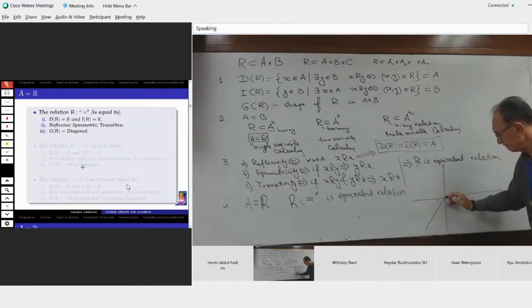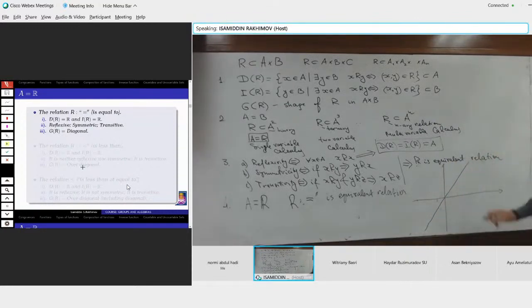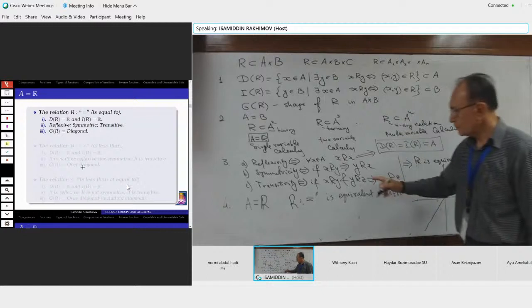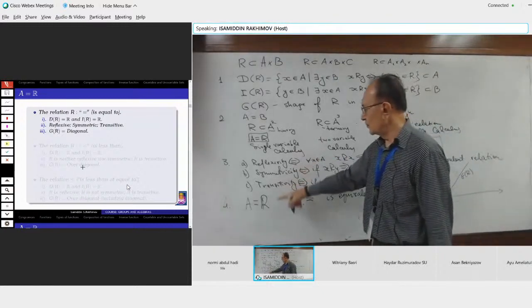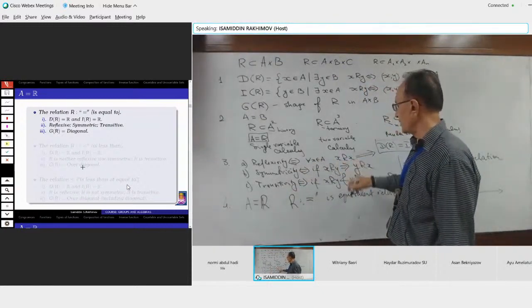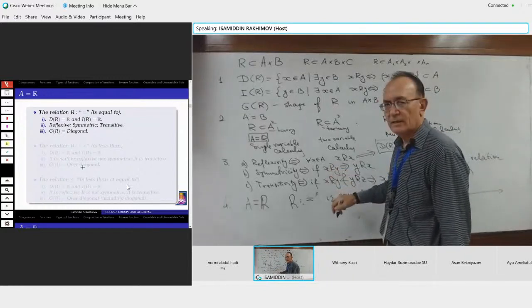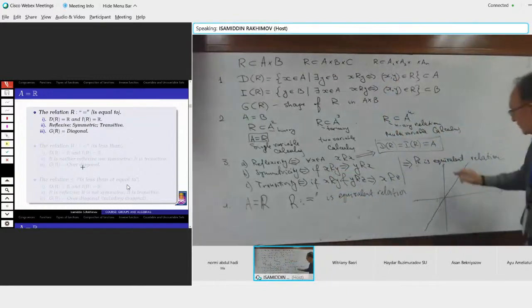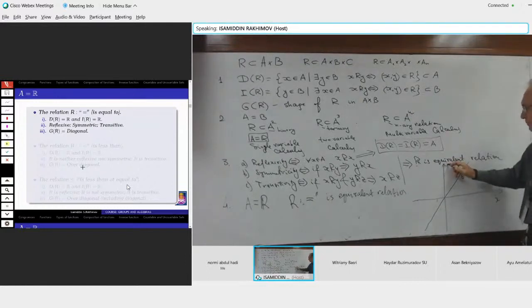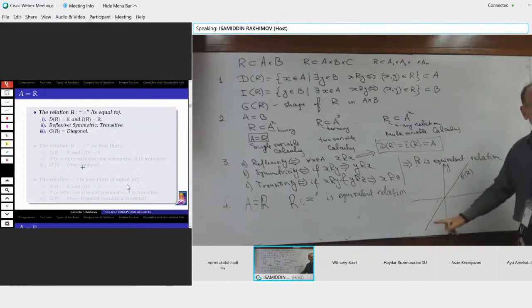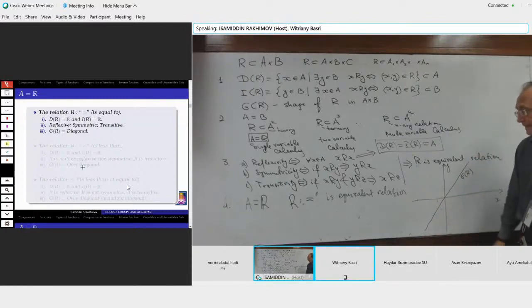The diagonal in this graph is the graph of R, because according to this relation, x must equal y. All those points from the xy plane, this diagonal, are elements of R. The graph is just the diagonal.